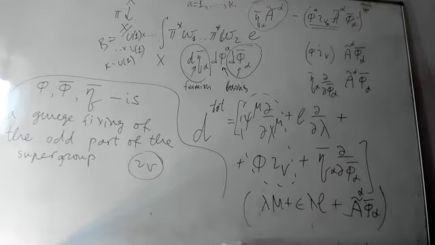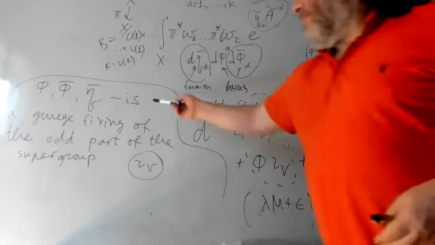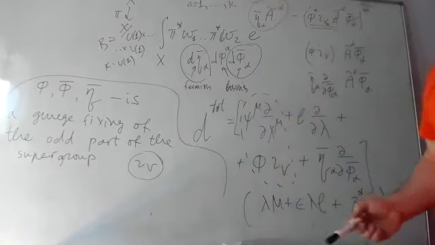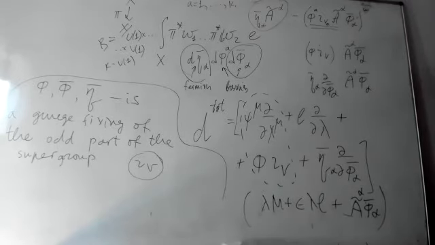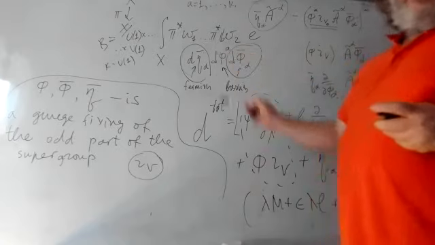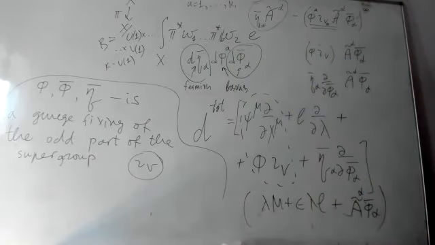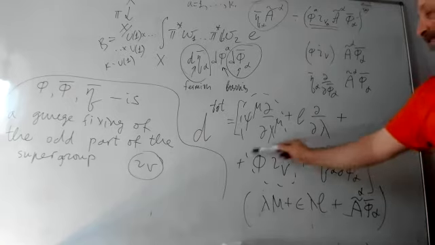But this bunch is not that terrible. So actually, what is written here, as I told you, is the gauge fixing of the odd part of the supergroup. Last time when I explained the equivariant differential, I told you that phi has a meaning as a Chevalley parameter for the superalgebra. It happens to be even. That's why it stands here.